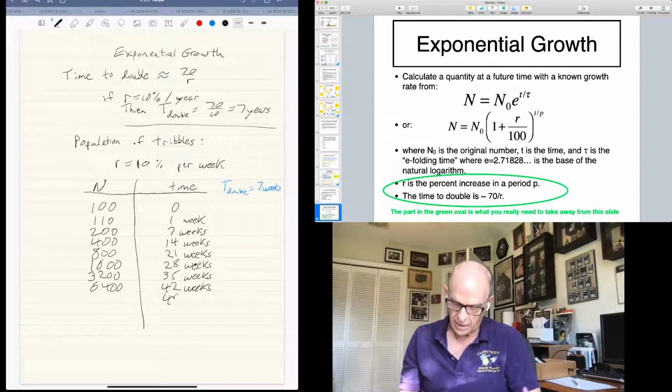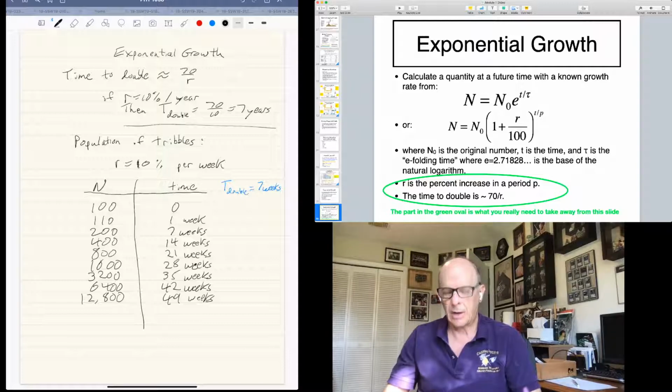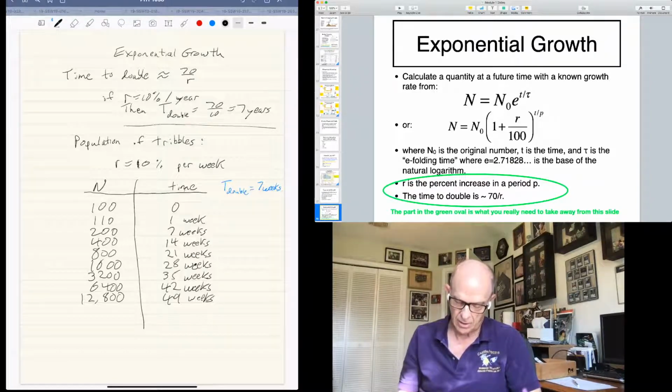And finally, after 49 weeks, which is a little bit less than a year, 6,400 doubled would be 12,800 tribbles. And you can see how that's a really handy shortcut if I'm going to be looking at multiple doubling times rather than just going increment by increment. Week by week, for example, would have taken me a long time to get to this number.